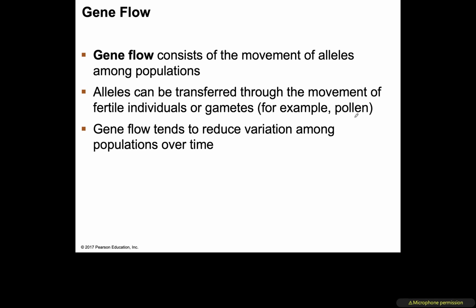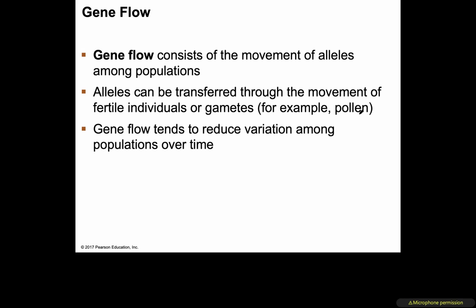For example, pollen is an example of gametes being moved from one population to another or within a population. Pollen is the gamete of the male angiosperm, and angiosperms are most flowers, okay?